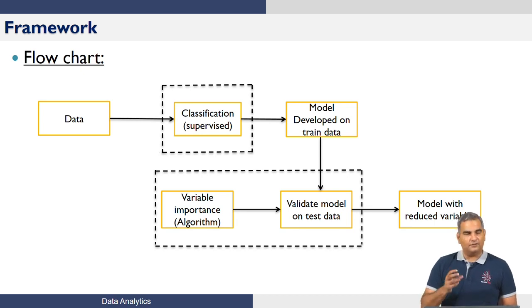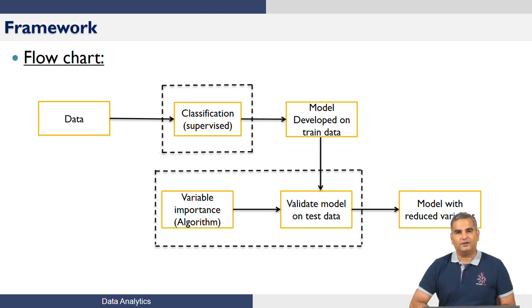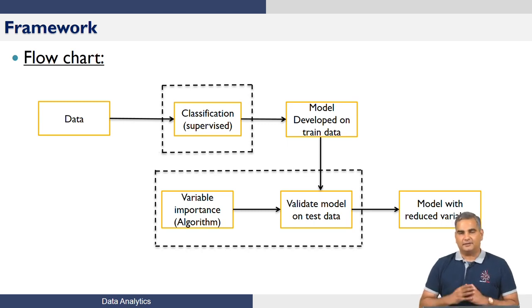And once we have this validated model where we are happy with the performance on the test data, then we can do something called a variable importance step, which is, if I have these 12 variables that I am using to predict the salary status, is there some way in which I can look at these variables and order them in terms of importance? So, what do we mean by importance?